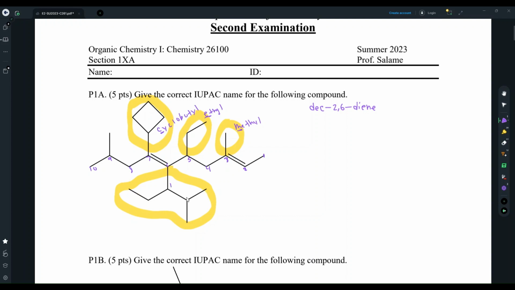So either direction you go, it'll be the same. So I'm just going to go in this direction to see it all the way through. And then because there's 3, it's going to be propyl, and I'm going to write the spot that it's in. So 6, dash, and then bracket 1 ethyl, 2 methyl propyl.